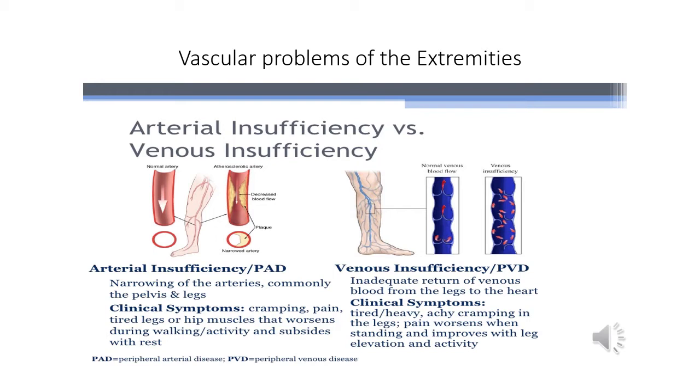Some of the symptoms can be the same in these two vascular problems, but they can also be different, and they're also caused by different problems. So the arterial problems are primarily caused by atherosclerosis, and the venous problems are caused by an inadequate return of the venous blood from the legs back to the heart.